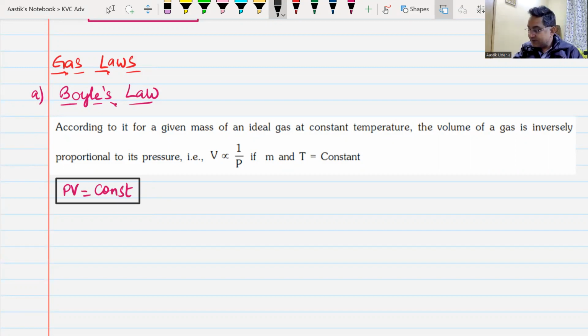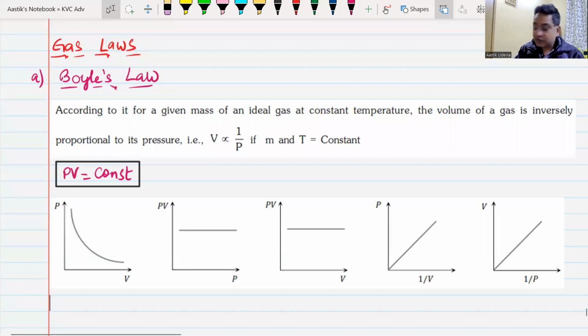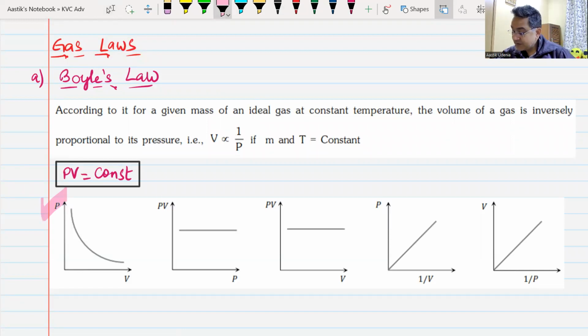Now, these are the various graphs that you can draw for Boyle's law. I hope you understand how these graphs are drawn. The first one is a graph between P and V. Pressure is inversely proportional to volume, or volume is inversely proportional to pressure. This is between PV and P. PV is constant, so it will remain constant.